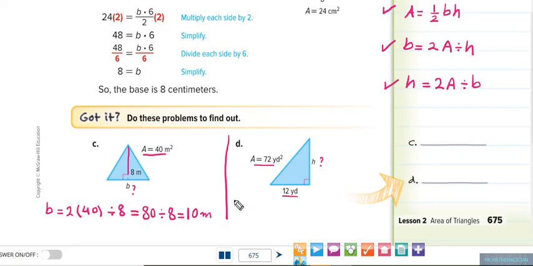So we are going to say height equals 2 times the area, means 2 times 72, divided by the base, which is 12. 2 times 72 is 144. 144 divided by 12 is 12. 12 what? 12 yards.